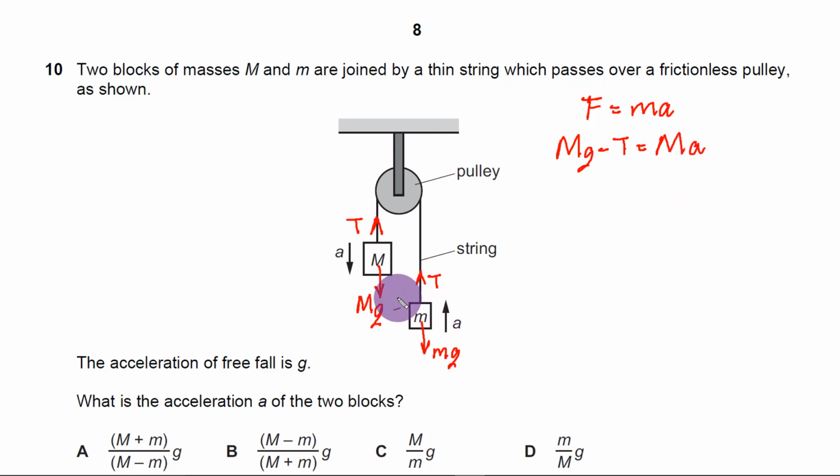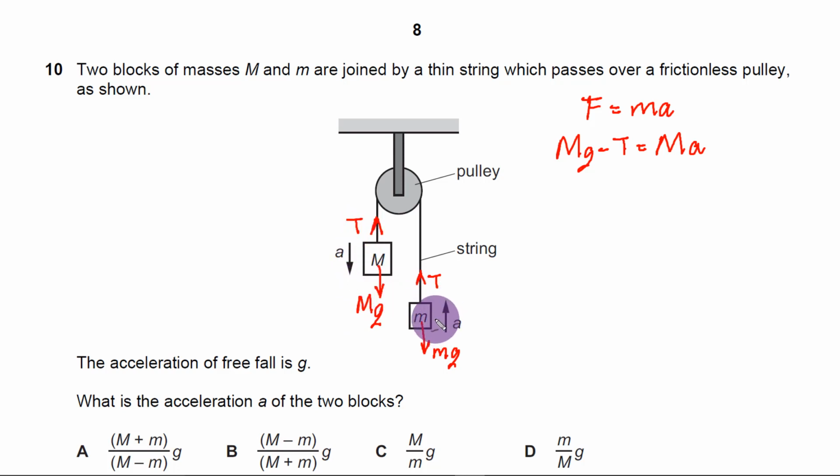Now one question arises: how do I know that the resultant force is Mg minus T and not T minus Mg? I know this because of the direction of the acceleration. Notice that the acceleration is vertically downwards, so I conclude that Mg must be larger than T for the object to accelerate downwards.